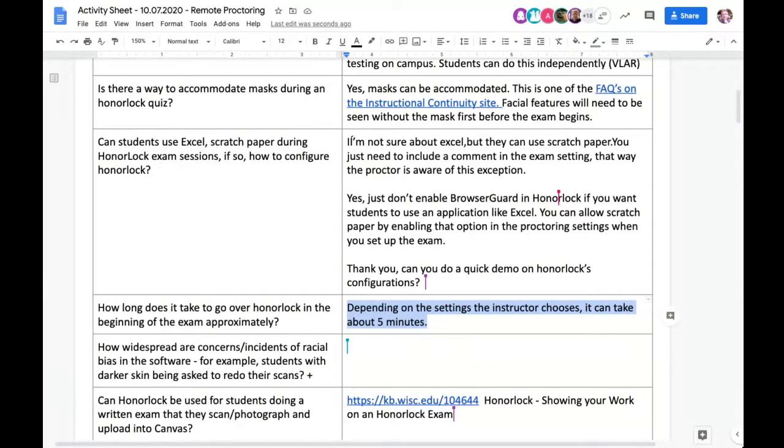So give your students a practice exam, give them a chance to sort of test this out, and those resources for students are below in the KB docs for students, so that they get familiar with it before you, so that they aren't walking into an Honorlock exam and they're like, what's happening right here, right? The more familiar, the better.